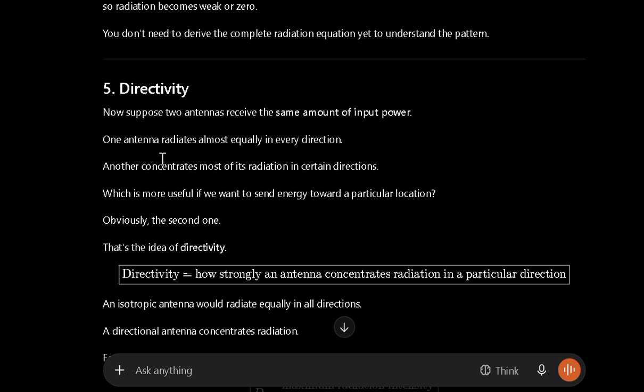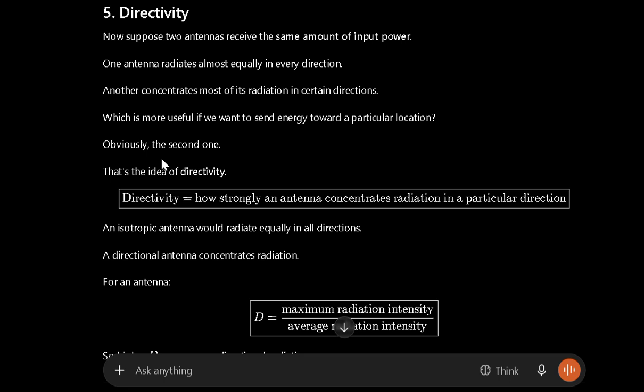An isotropic antenna is the reference antenna I talked about earlier, an ideal antenna that creates spherical radiation and radiates equally in all directions.